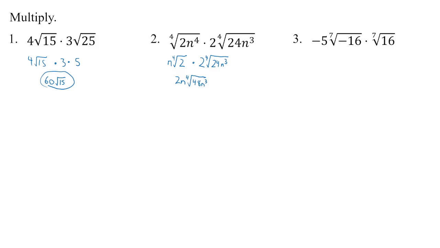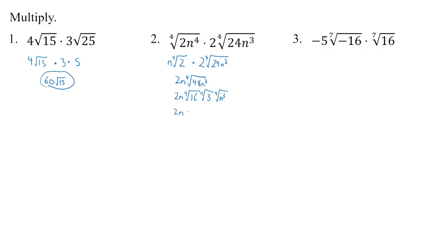Now, we can simplify the fourth root of 48. Therefore, the fourth root of 48 can be broken down as the fourth root of 16 times the fourth root of 3 times the fourth root of n to the third.